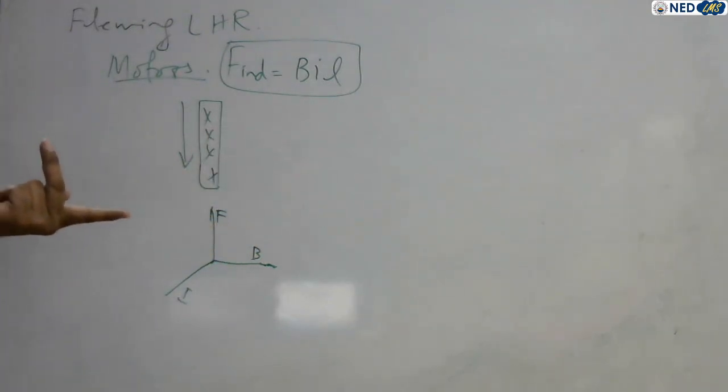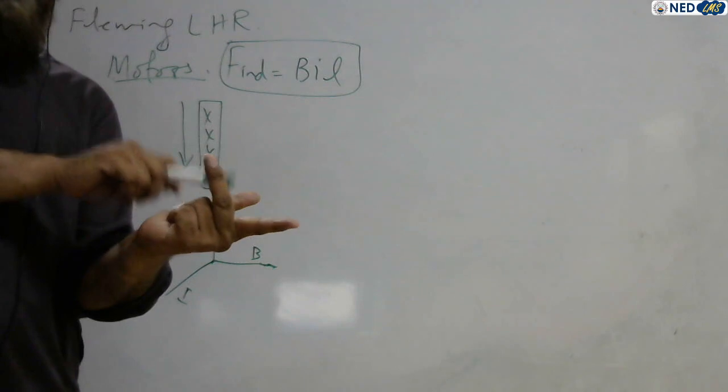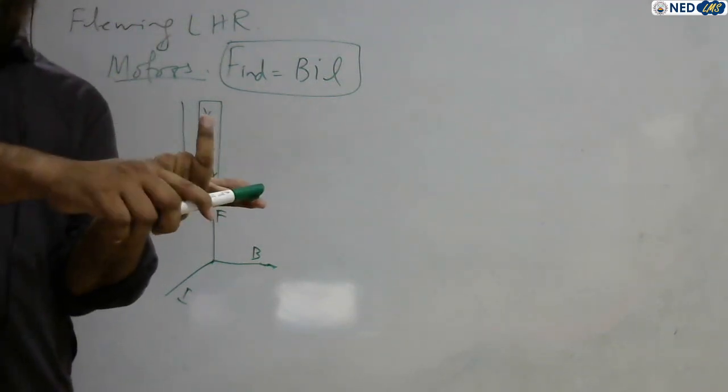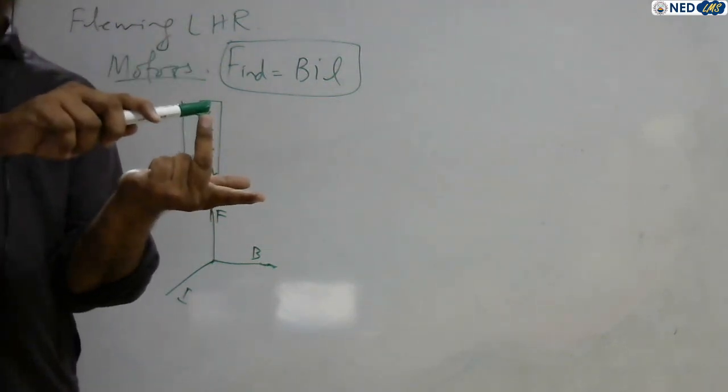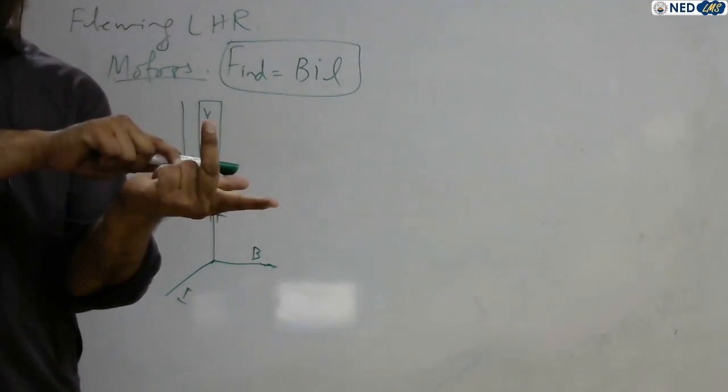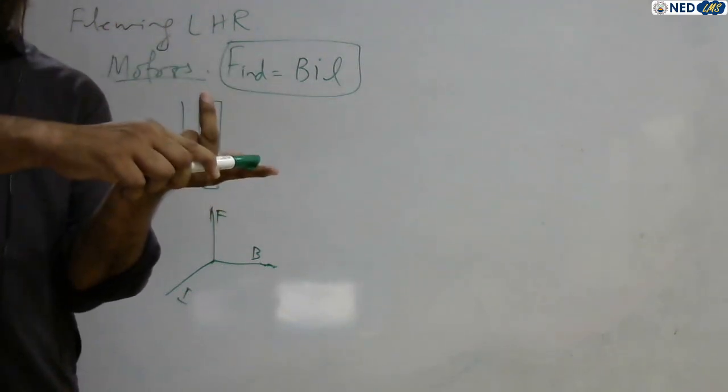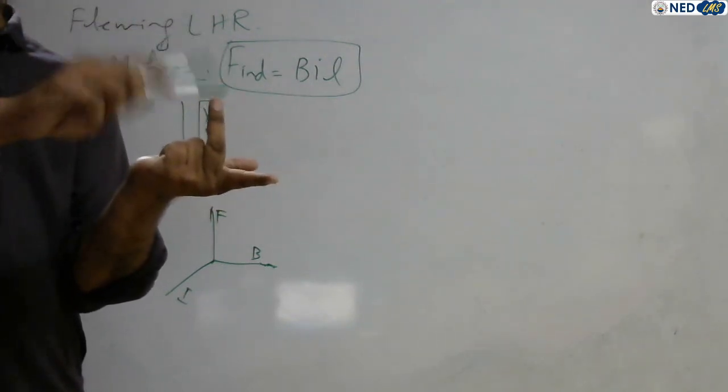So now you have FBI. On your thumb you have F, on your index finger you have the magnetic field, and on your middle finger is current.